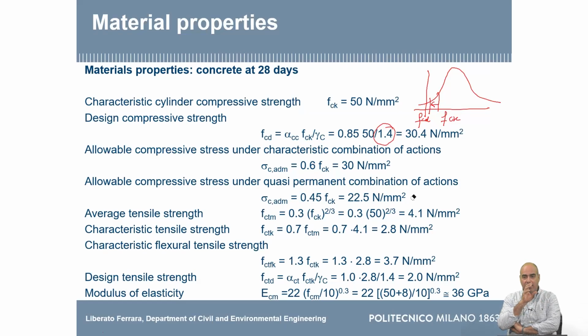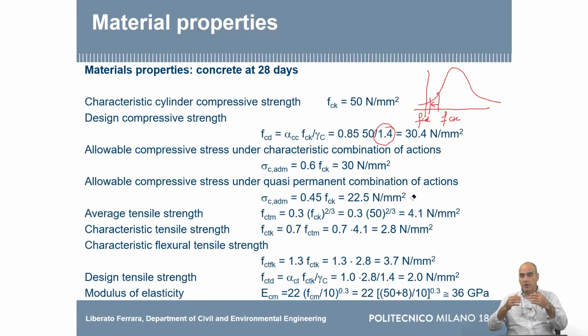But it's, how to say, an operational one. Because we have said that concrete creeps, okay? And what does it mean? It means that when you have to calculate the deformations of concrete, you have an elastic part and the creep part. Up to a certain stress level, the creep part is proportional to the elastic.